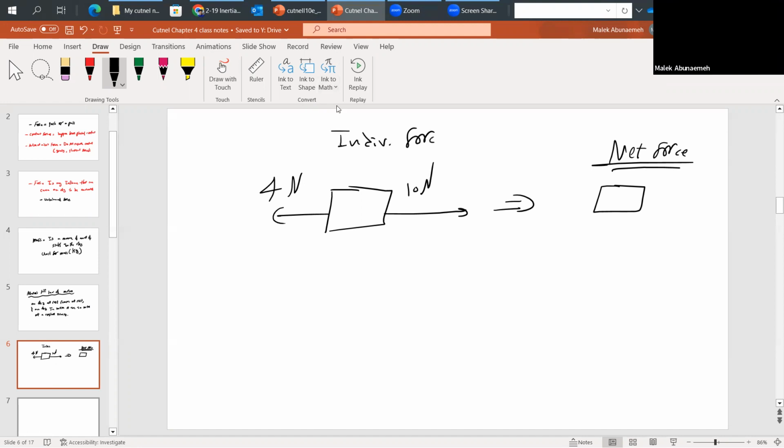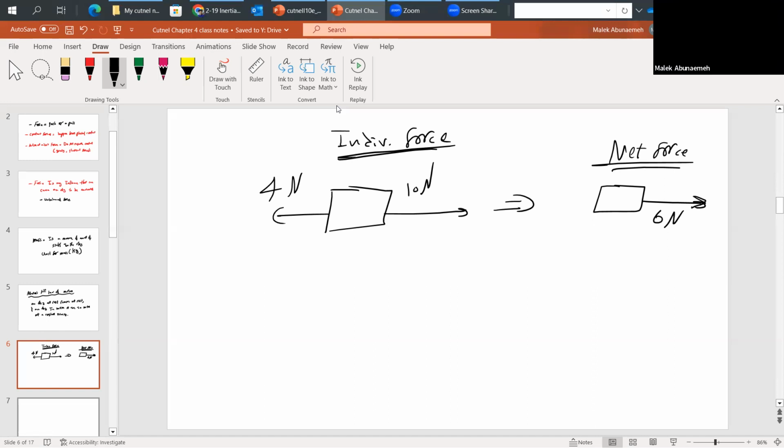So on this one, what you got? You have 10 newtons going to the right, 4 newtons going left. That means your resultant would be 6 newtons going to the right.